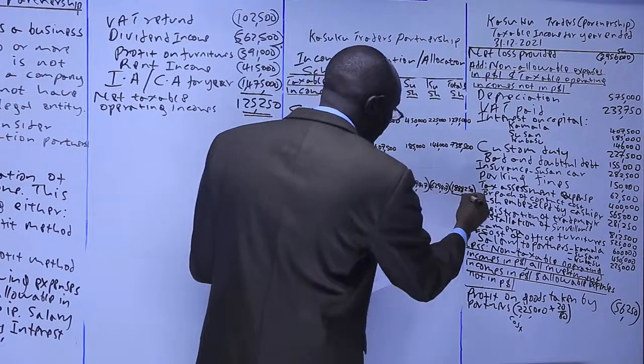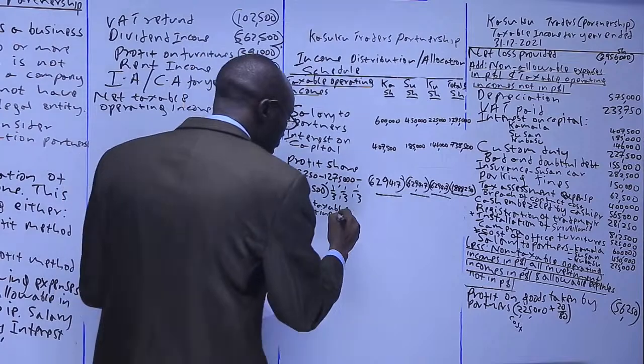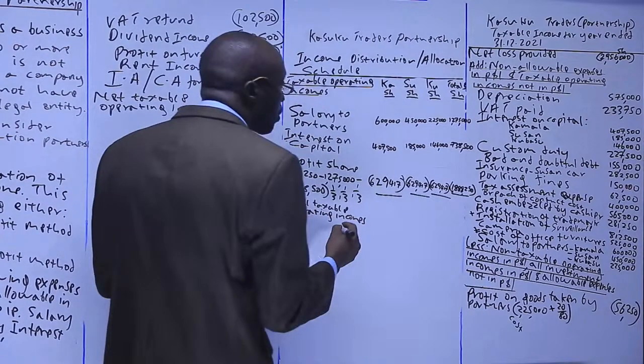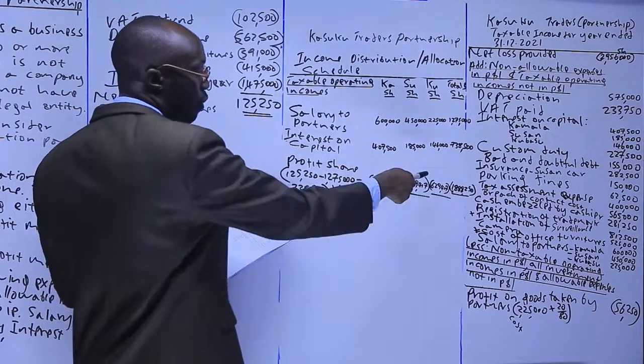So from there now, we need to get operating income. So total taxable operating income would mean we take this plus this minus this because it's a negative. The same case for everyone.